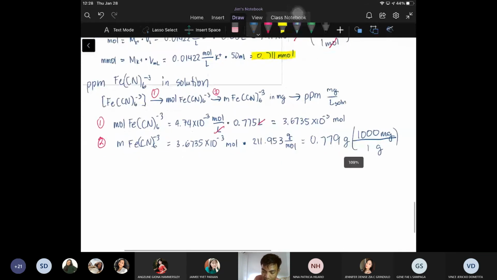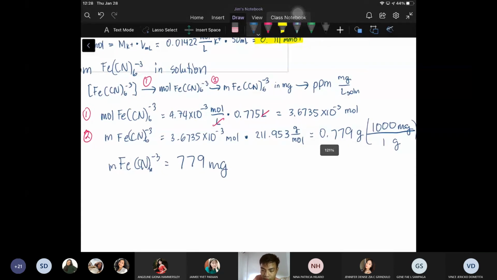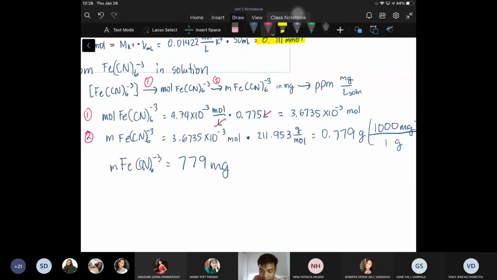So, ano yung milligram ng FeCN6? So, times 1,000 mo lang, 779 milligrams lang yan.